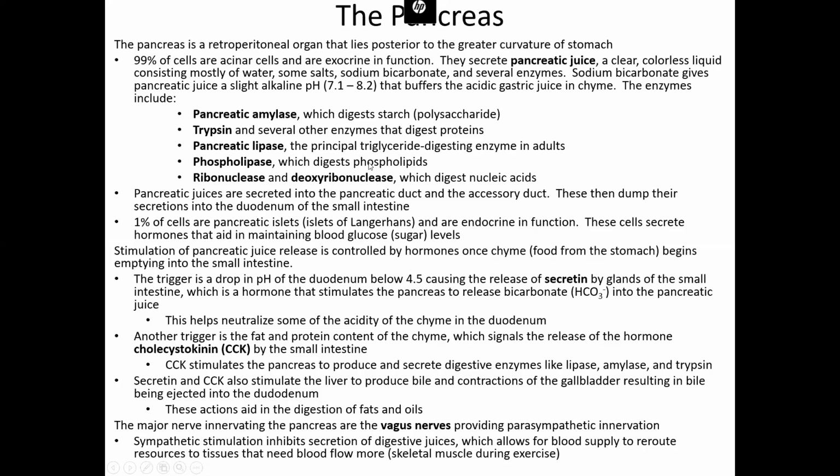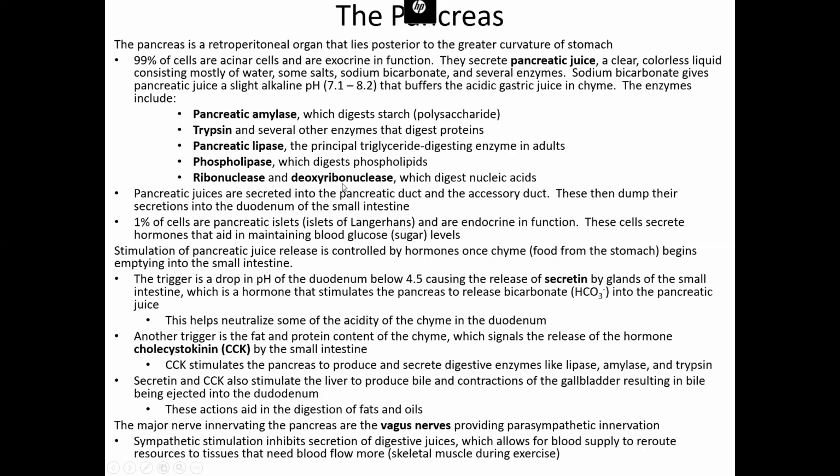Phospholipase helps digest phospholipids. I'm going to go ahead and list that on my tally there for fats. When we talk fats in our diet, mainly we're talking about triglycerides, but we do ingest phospholipids, which are another form of fat, and we have to digest them. So I'll list it because I didn't really specify what type of fat.